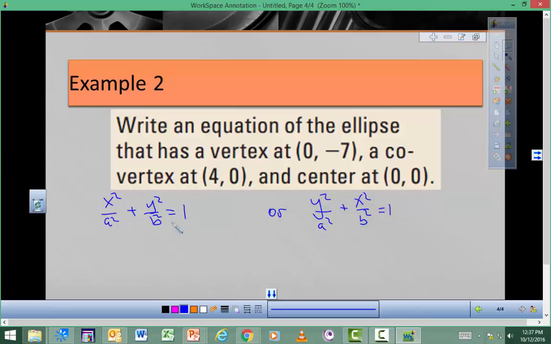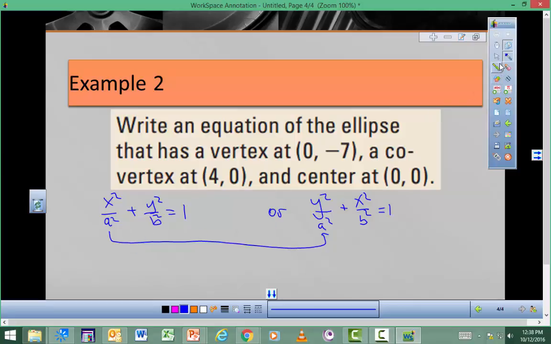Now, the bottom line is that a, in this case, is always the bigger number. The bigger number is the major axis, right? And so in some cases the major axis will be under x, which means it's elongated horizontally. Sometimes it'll be under the y term, which means it's elongated vertically. Okay, so that kind of tells you which way the pancake is elongated, right?